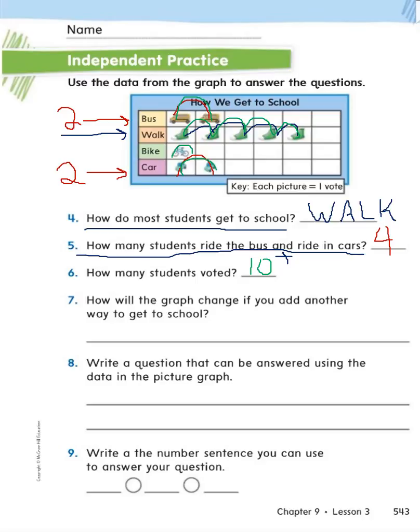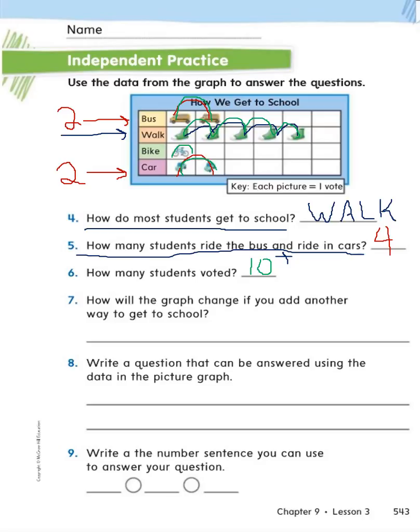Write the number sentence you can use to answer your question. So for my example, number 8, I might say, how many people don't take a car to school? How many people don't take a car to school? That's my question.